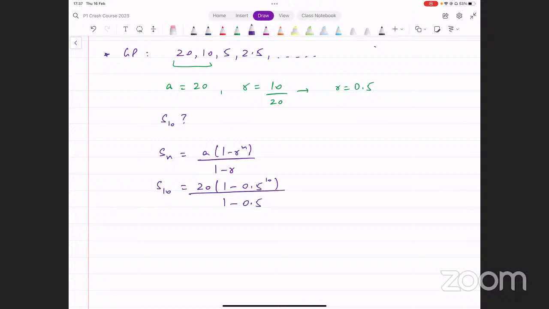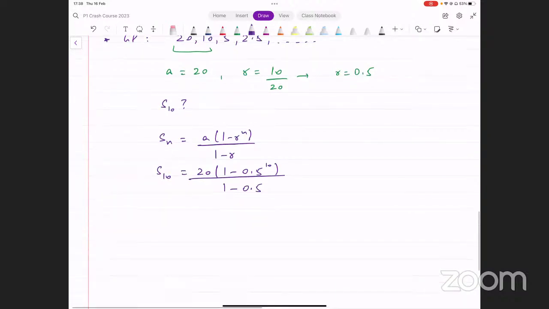And now you just evaluate this on your calculator. You could do it directly as well. So once you've written the step, it's okay to write down the answer directly. Make sure that you have a calculator that has a fraction button in it. If you don't have a fraction button on your calculator, please make sure that you upgrade it. Otherwise, you'll have to use a lot of brackets, and there's a very high probability you would make some mistake in that.